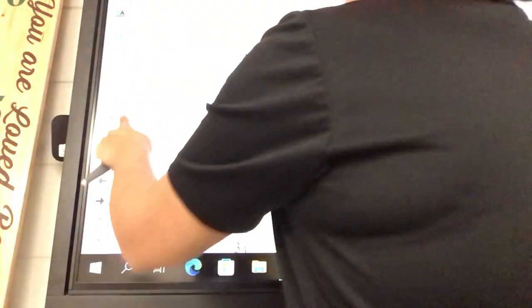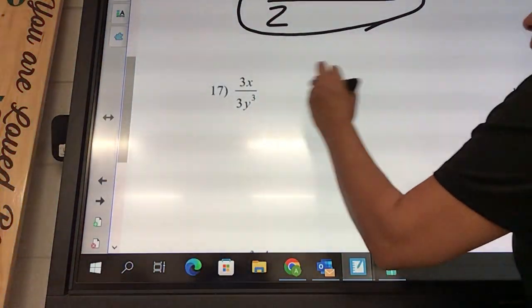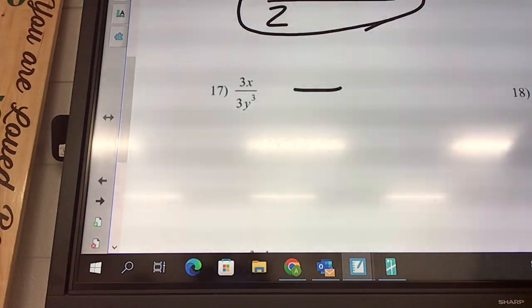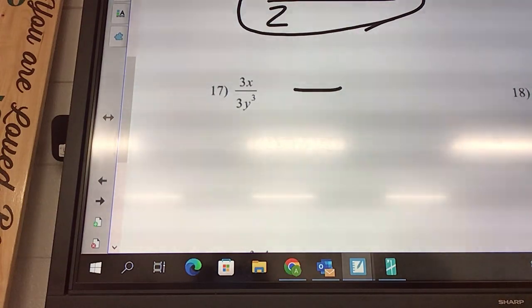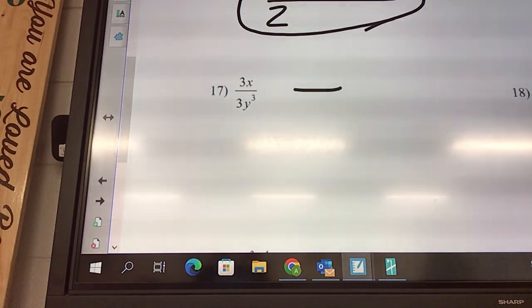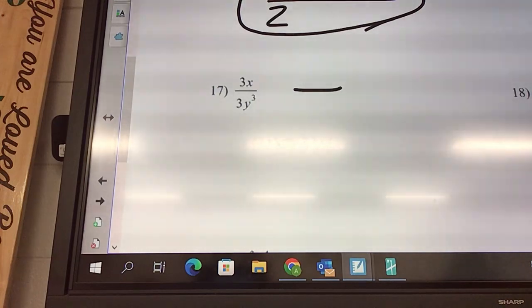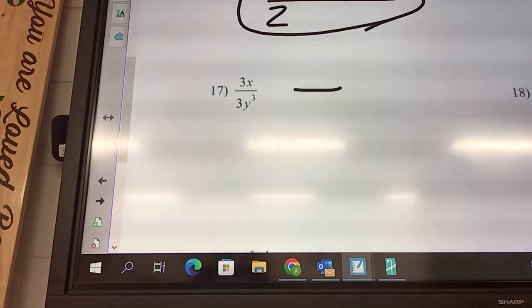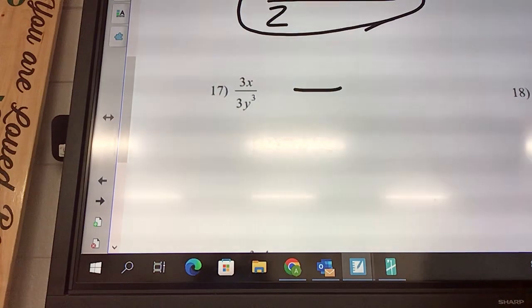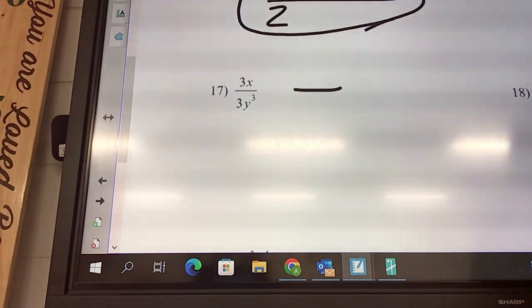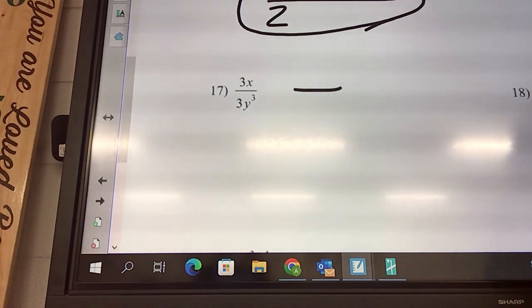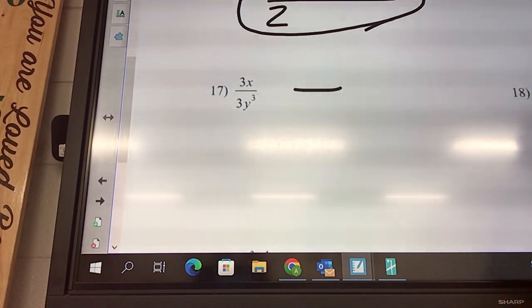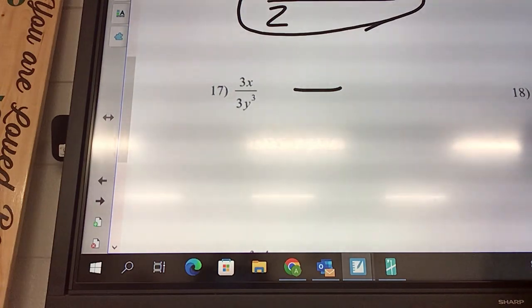Okay, 17. Does 3 over 3 simplify? It simplifies to 1. So do you have to write the 1? No, it kind of just cancels out. However, you can. Then what's our other stuff? X to the what? 1 minus... Nothing, because it does not have another one.